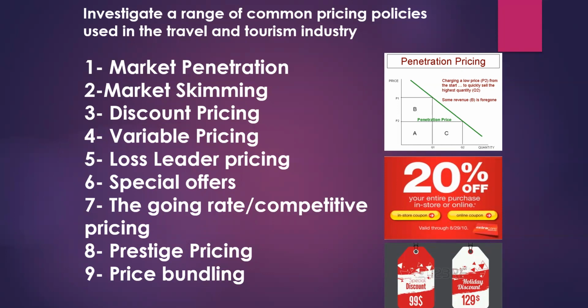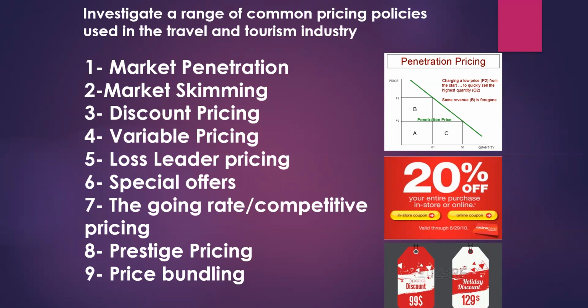The second way of setting the price, market skimming, is what? My tourism product is new, and the competition is low, meaning not a lot of travel and tourism organizations are offering my product. There is not much of this product. So it's something new in front of the customers.